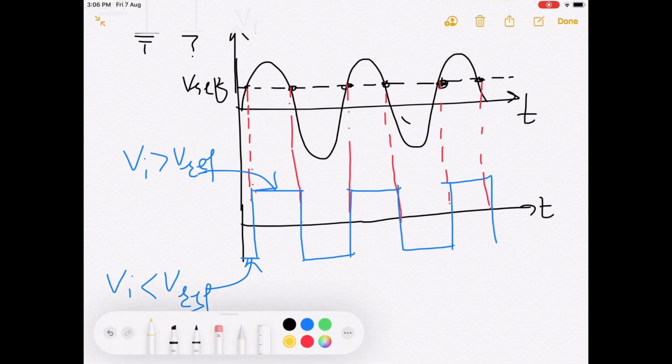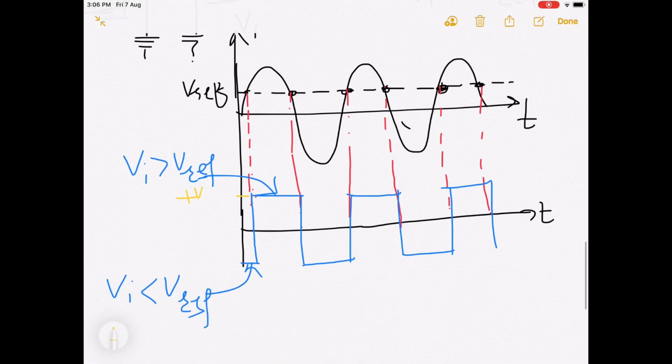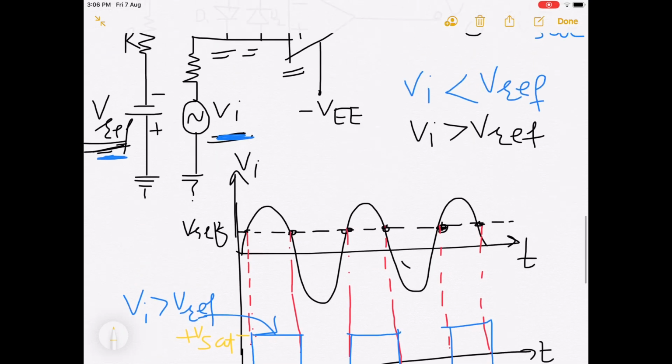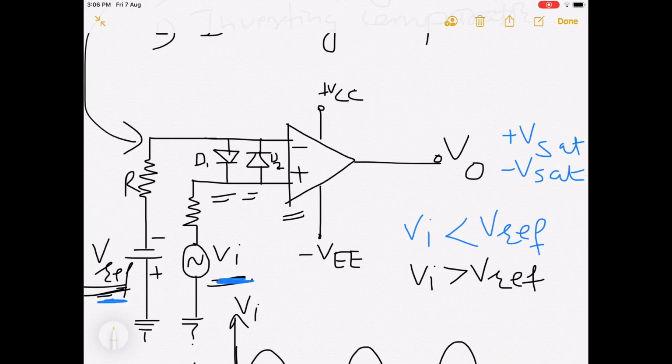Here this voltage is plus Vsat and this voltage is minus Vsat.